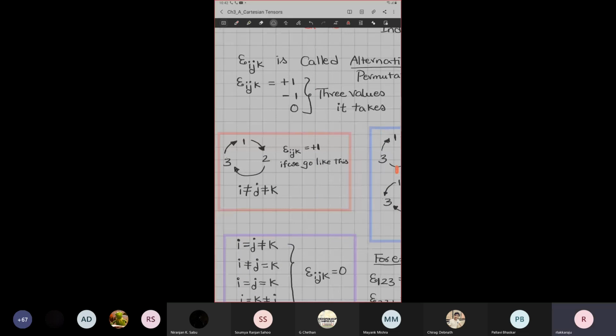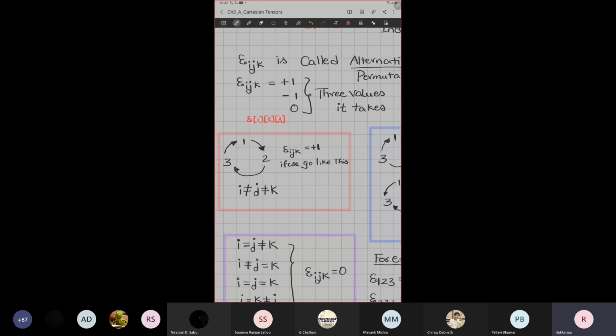If I am going to see something like epsilon 1, 2, 3, this kind of array element, where 1 is followed by 2 followed by 3.